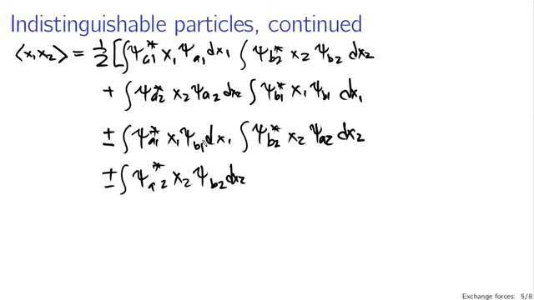I forgot to write a subscript 1 here. Integral psi b1 star x1 psi a1 dx1. So these are the 4 terms that we get.